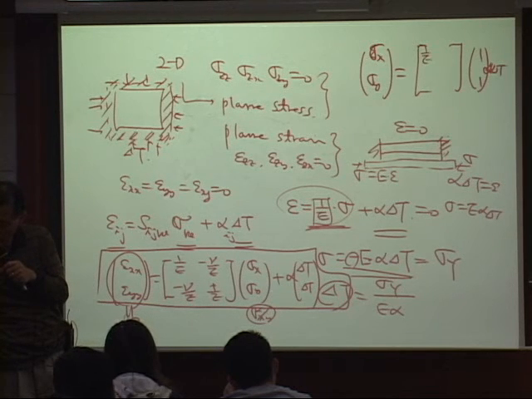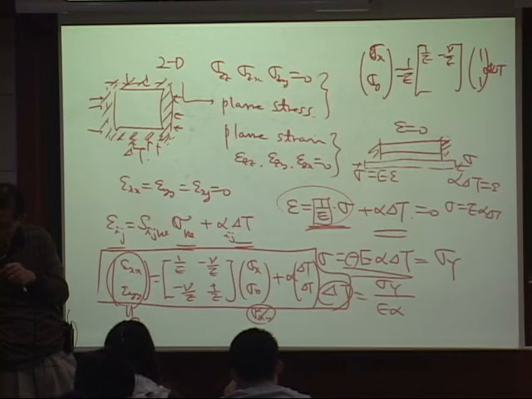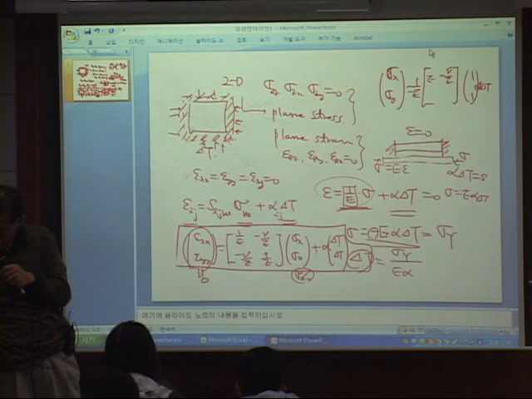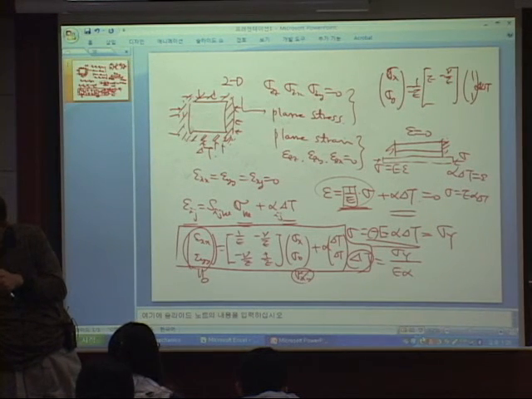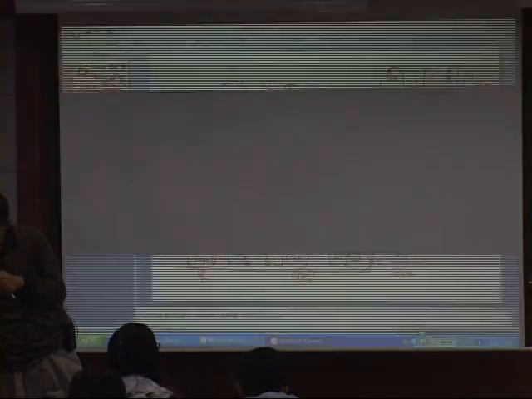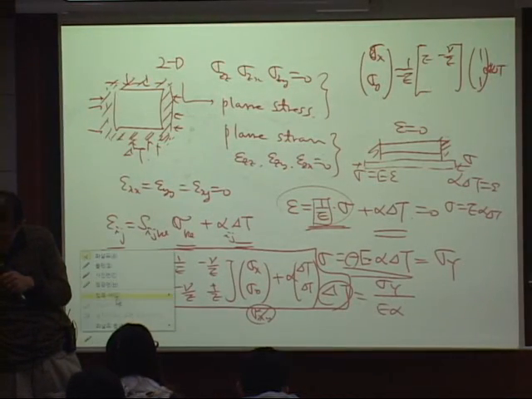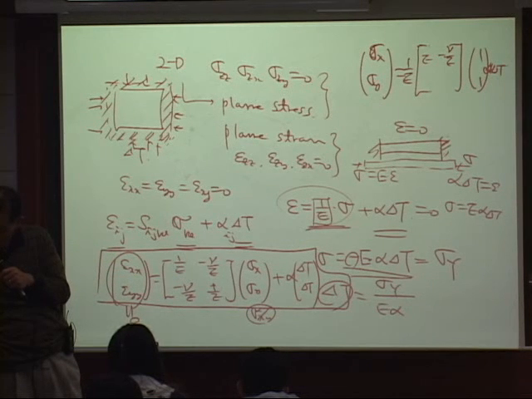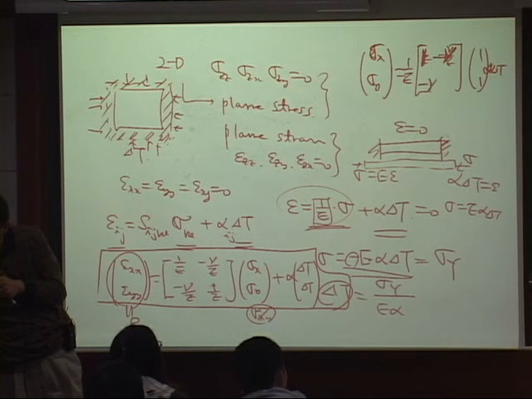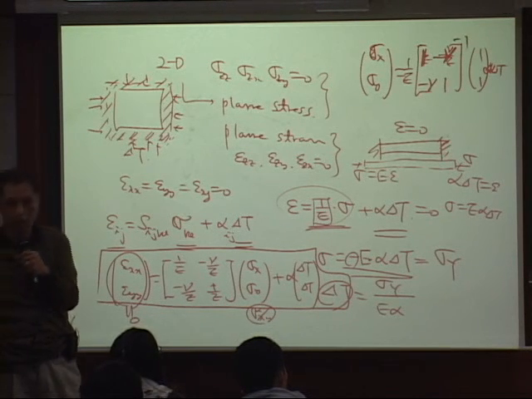Right? 1 over E, well, 1 over E can be taken out. So this will be 1 minus Poisson's ratio, minus Poisson's ratio and 1, inverse of this one.